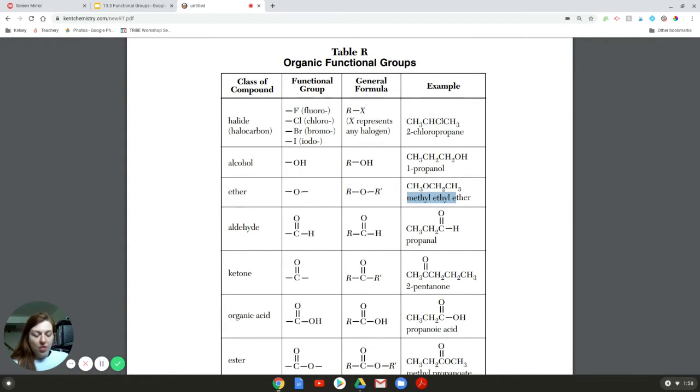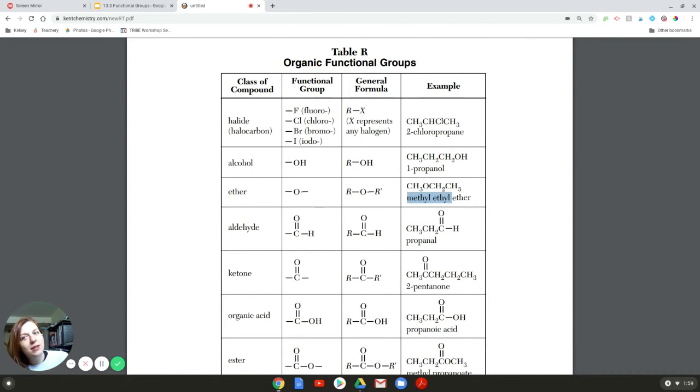So methyl ethyl ether means that on one side of my oxygen, I have one carbon, and then on the other side, I have two carbons. And we just assume that those are saturated all the way. This technically is an error in the New York State reference table. They wrote this in 2011 and they have not edited it. These are supposed to be in alphabetical order.